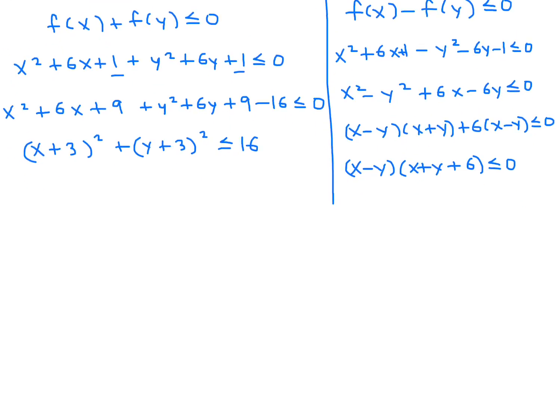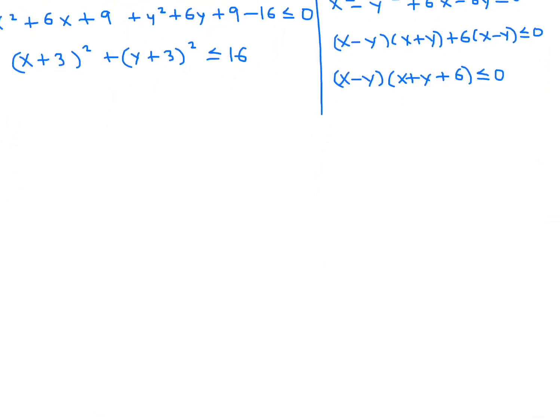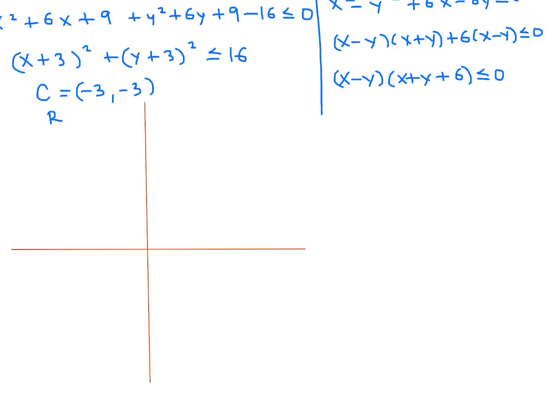So now we have to plot these on a graph. So let's make a graph. So we've got x and y, like that. And the first one is basically a circle, and it has a center of minus 3, minus 3, and it has a radius of 4.